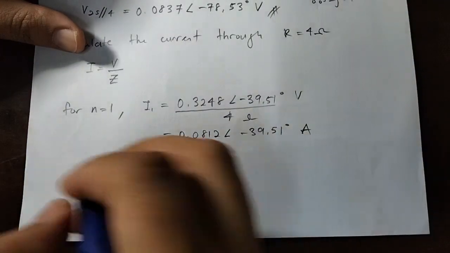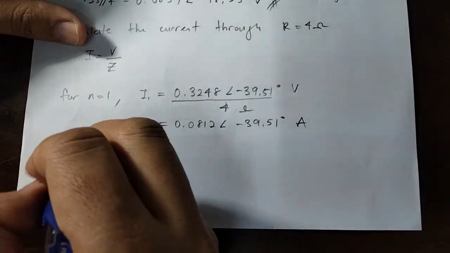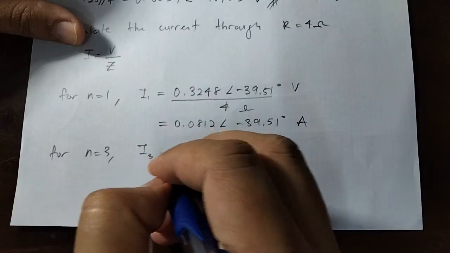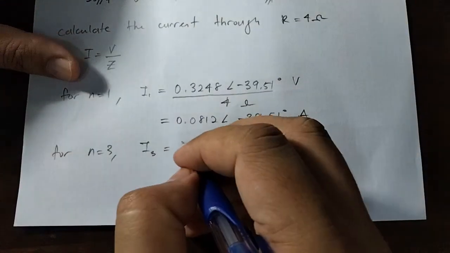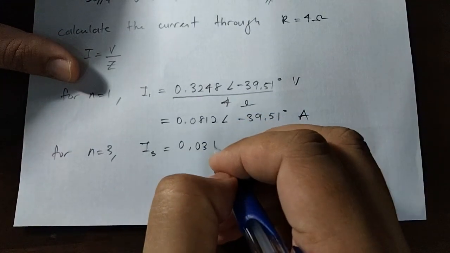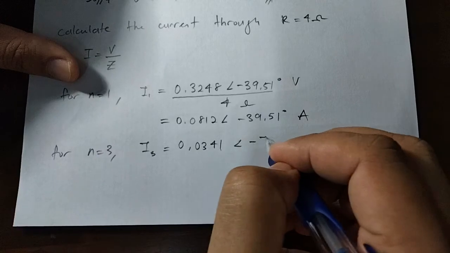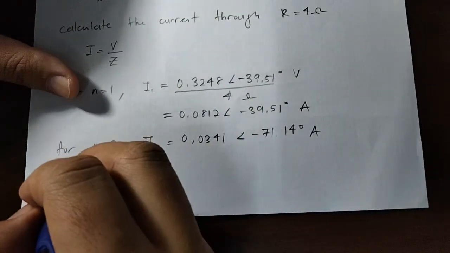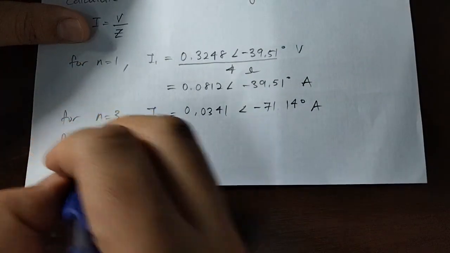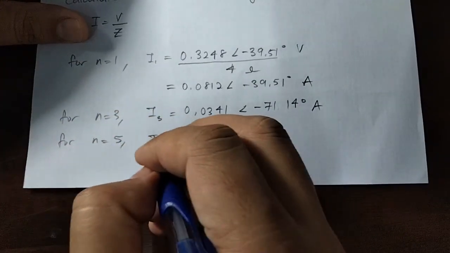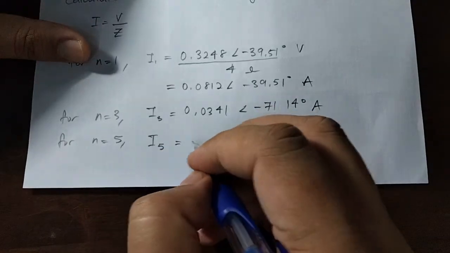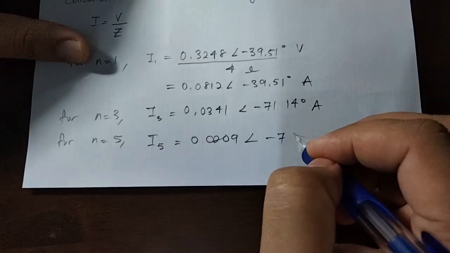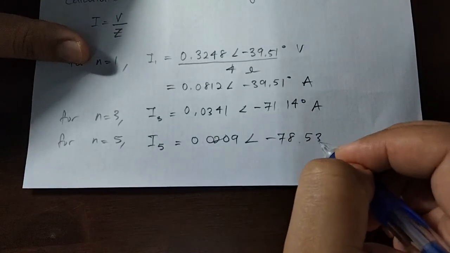Right. So same process for n equals 3. I3 is 0.0341 with angle negative 71.14, and then for n equals 5, I5 is 0.0209, angle 78.53 m.